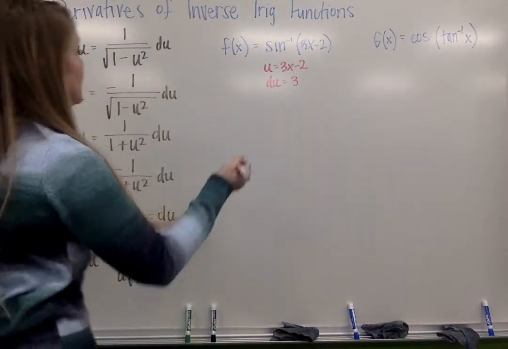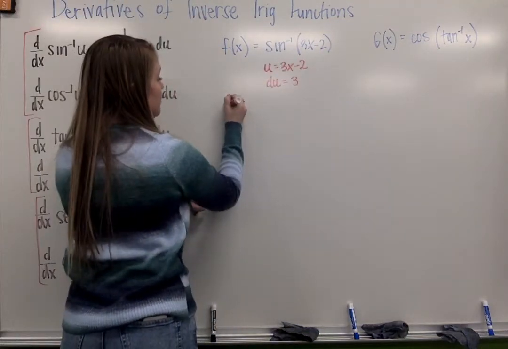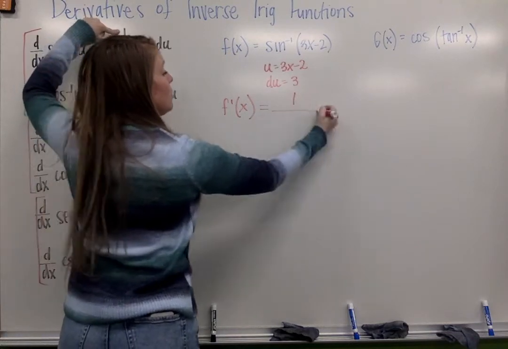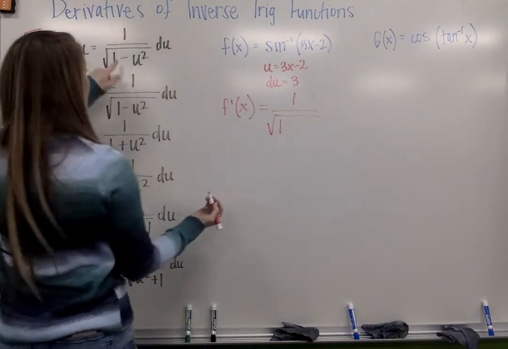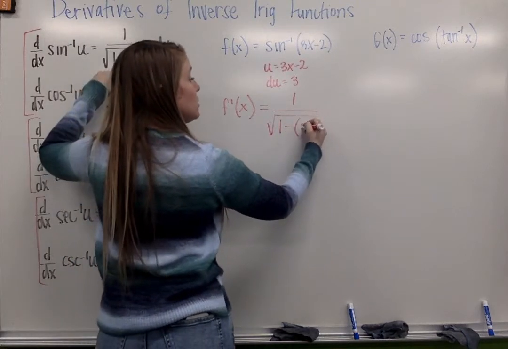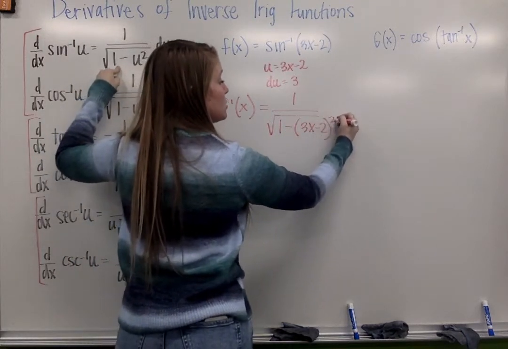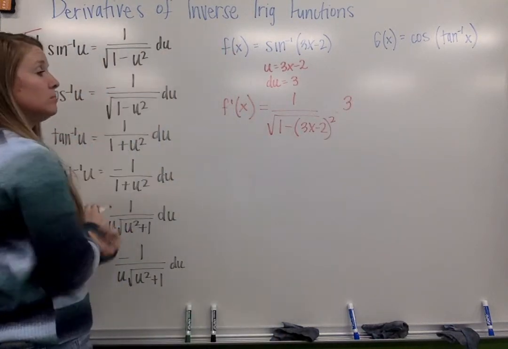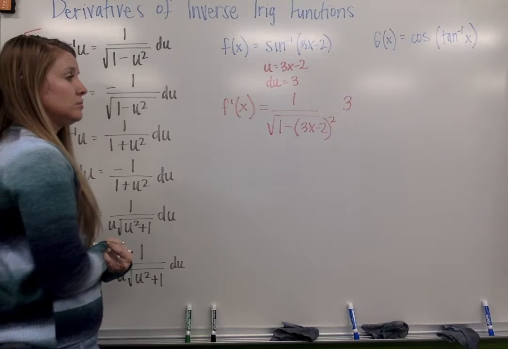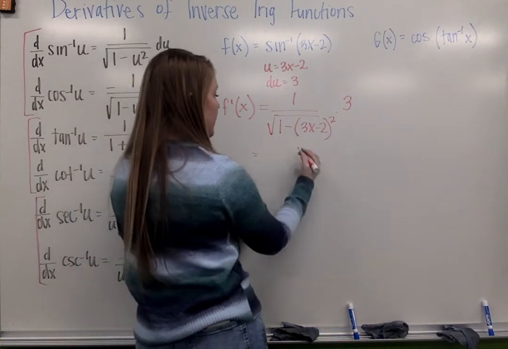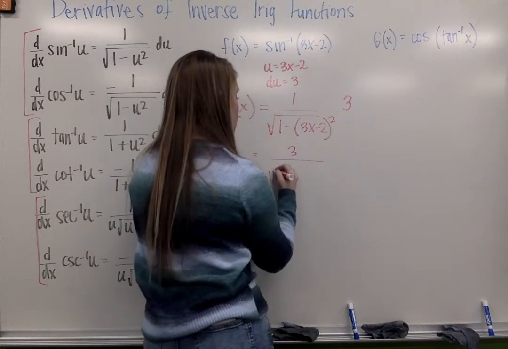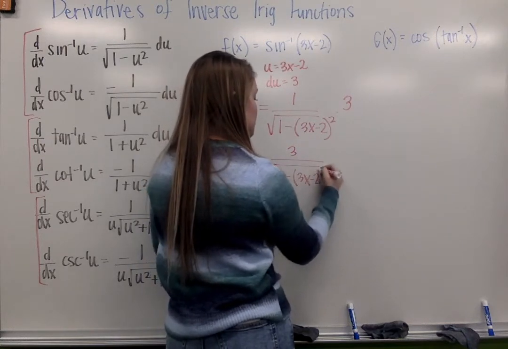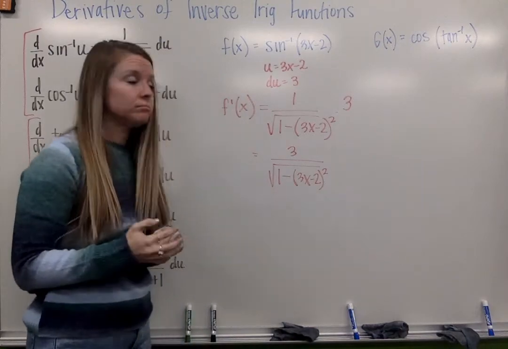Okay, so for this one, my derivative, f prime of x, equals 1 over the square root of 1 minus u squared, times du. If we were to simplify that, that's going to be 3 over the square root of 1 minus (3x minus 2) squared.